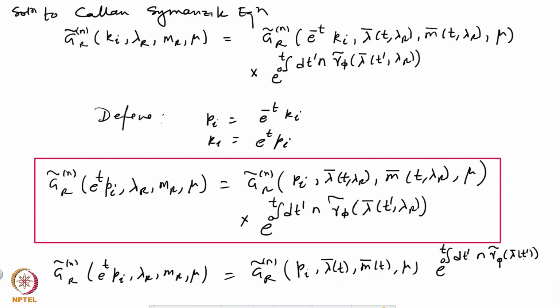So that's the utility of this equation. But before we say more, let's look at how the running mass, or the effective mass, changes with t. So that's the next thing we will do.